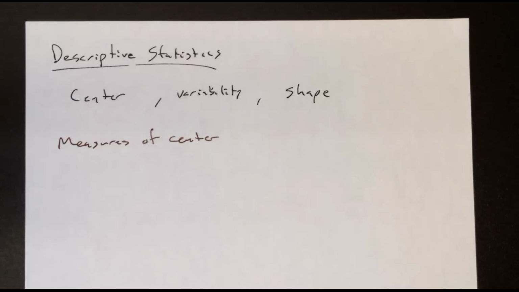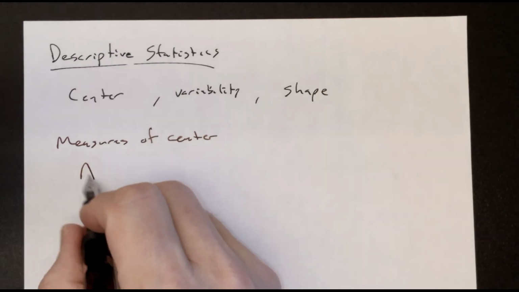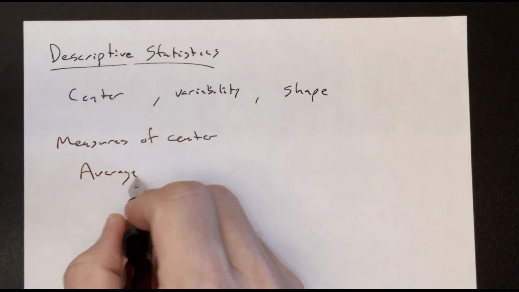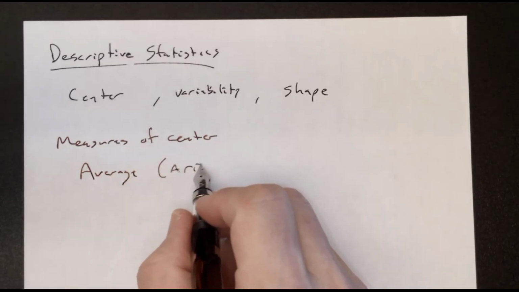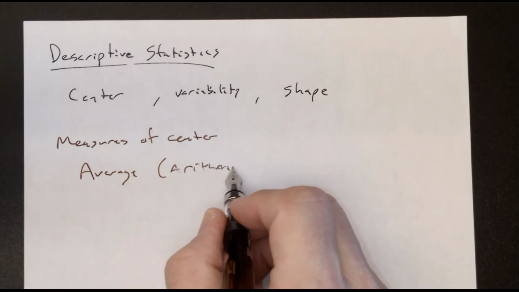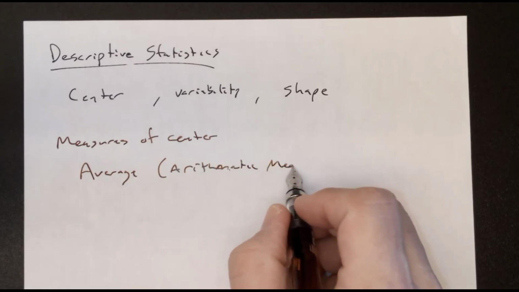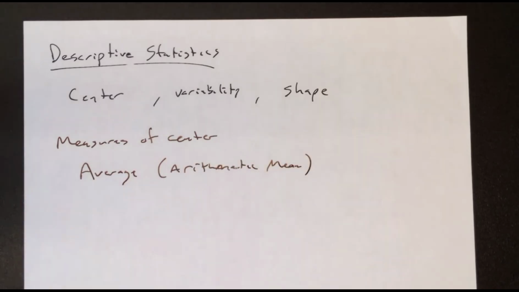Then an average is a measure of center. And our average, also called the arithmetic mean. How do you compute an average? Everything divided by however many.